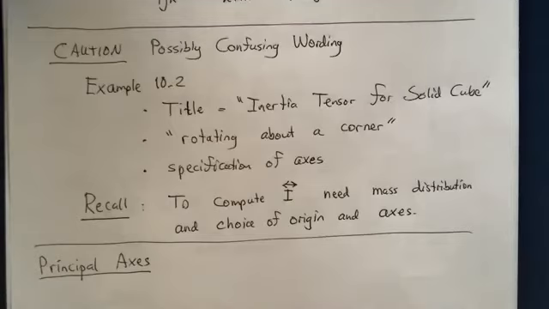In general, if you choose some funny axis of rotation, the angular momentum will not be parallel to the angular velocity. But the remarkable thing is that we have the existence of these three principal axes for any funny shaped object, even a random object. You have three principal axes and they are mutually perpendicular.